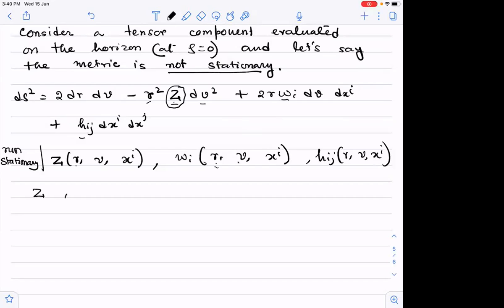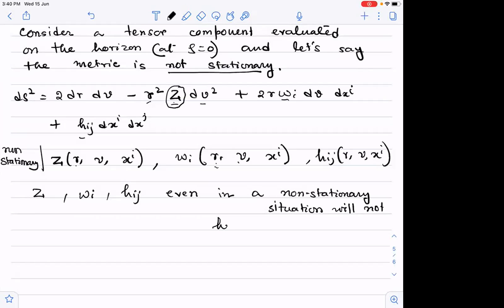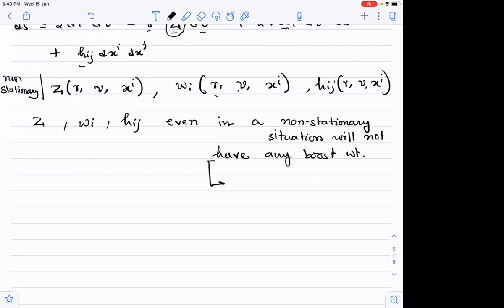So z, omega I, and hij, even in a non-stationary situation, will not have any boost weight. What do I mean by that? They will not be multiplied by any overall scaling under boost transformation, even in the non-stationary situation.